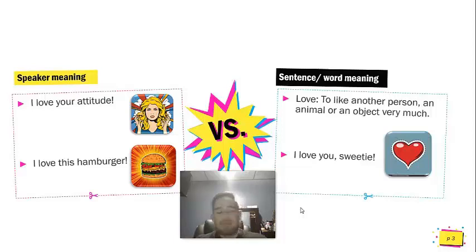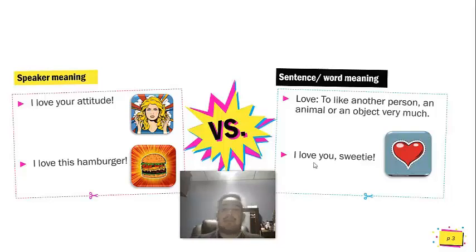For example, if you go and look for a word in a dictionary, you are going to find a series of definitions, and those are the meanings of the words that may change depending on the context, but in a certain way are limited.